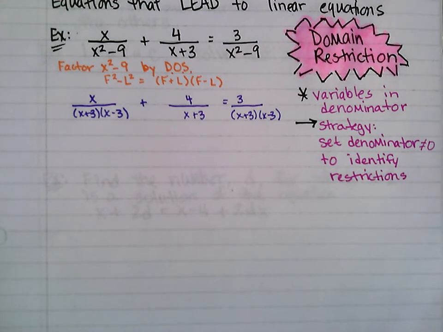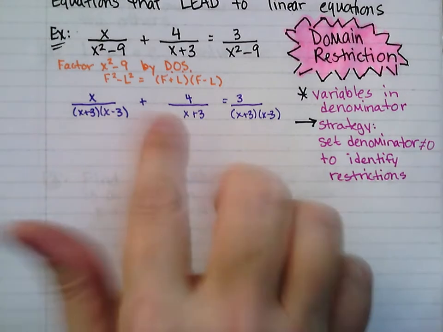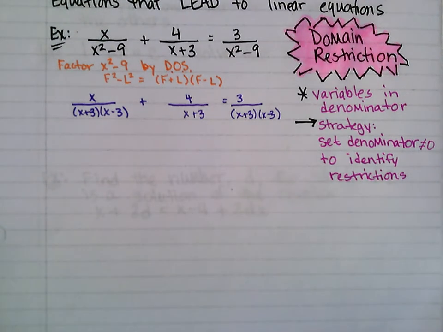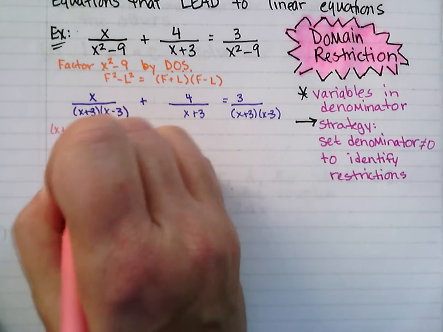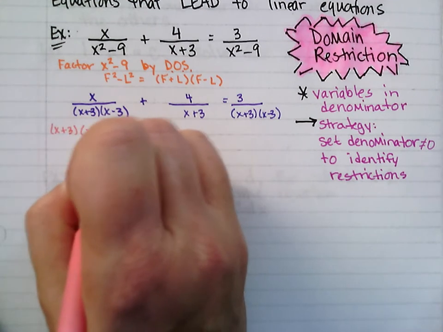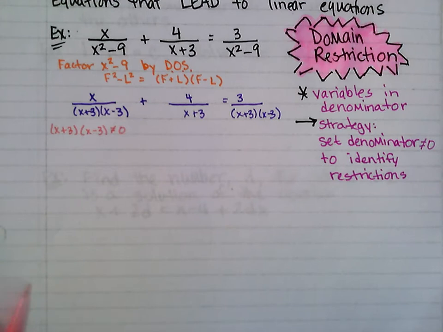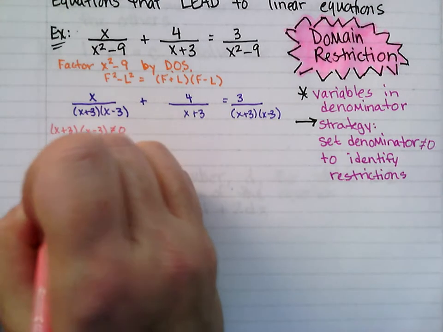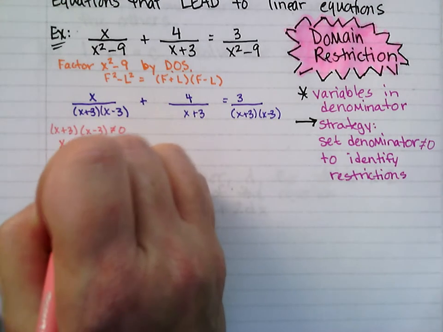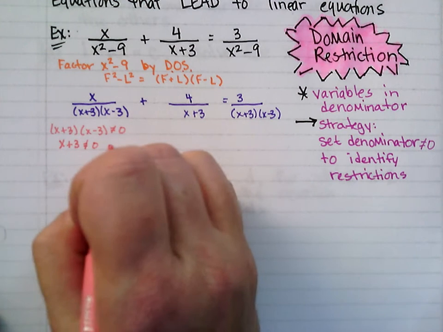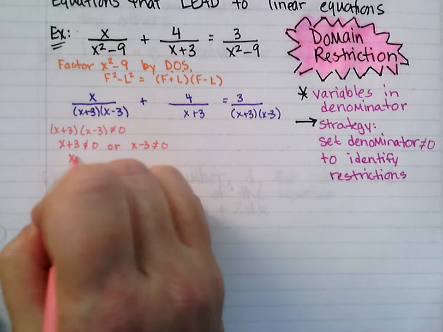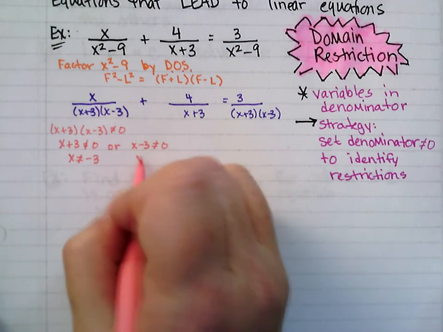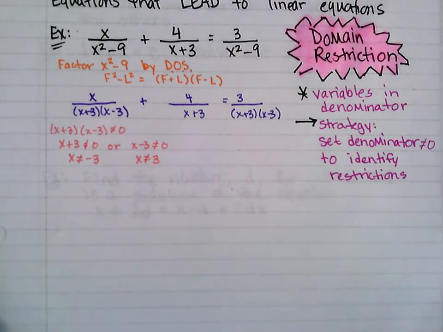So in this particular instance, we have 3 little denominator dudes. So if I set x plus 3 times x minus 3 cannot equal 0, then from your time in Algebra 2, we know that that means that either x plus 3 cannot equal 0 or x minus 3 cannot equal 0, which means x cannot equal negative 3, x cannot equal 3.